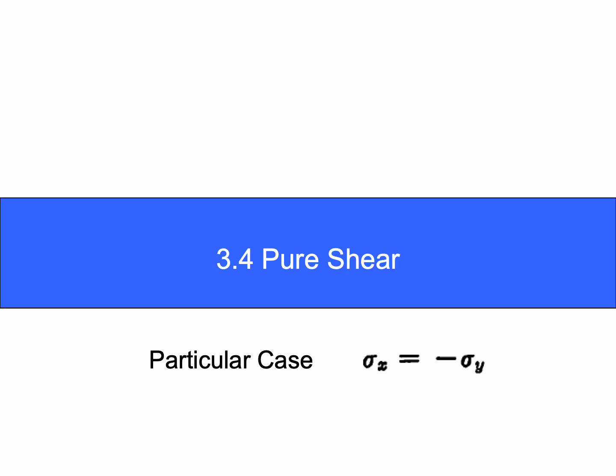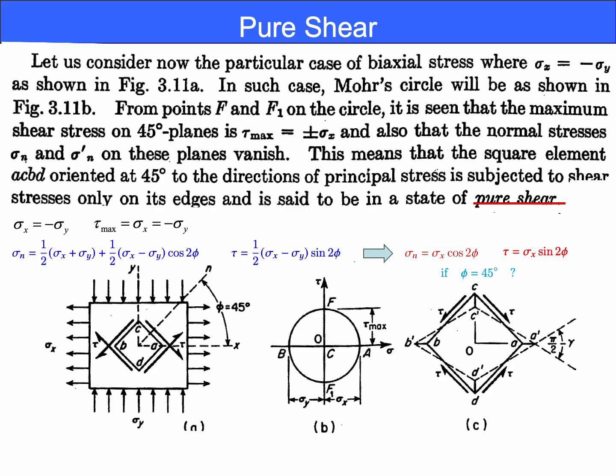That means sigma x equals minus sigma y. Let us study the case in which sigma y equals minus sigma x in this figure. I am showing the formulas of sigma n and tau as functions of phi.